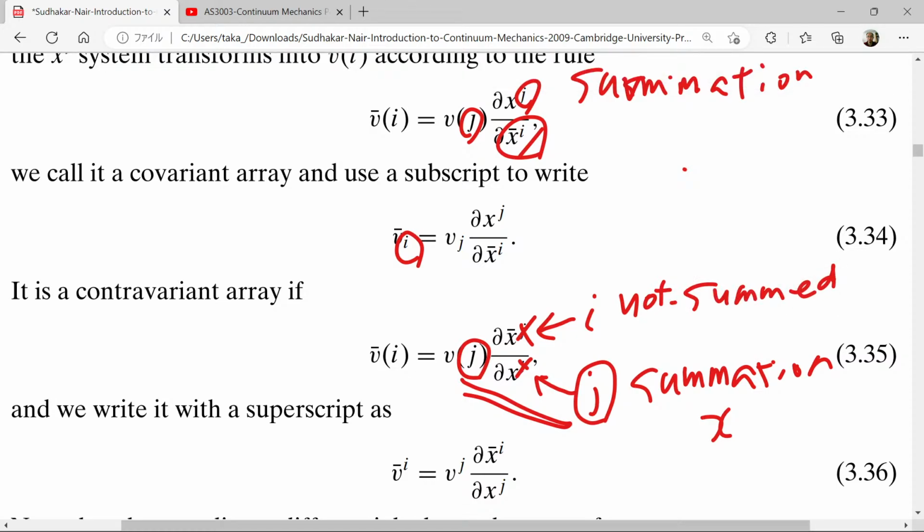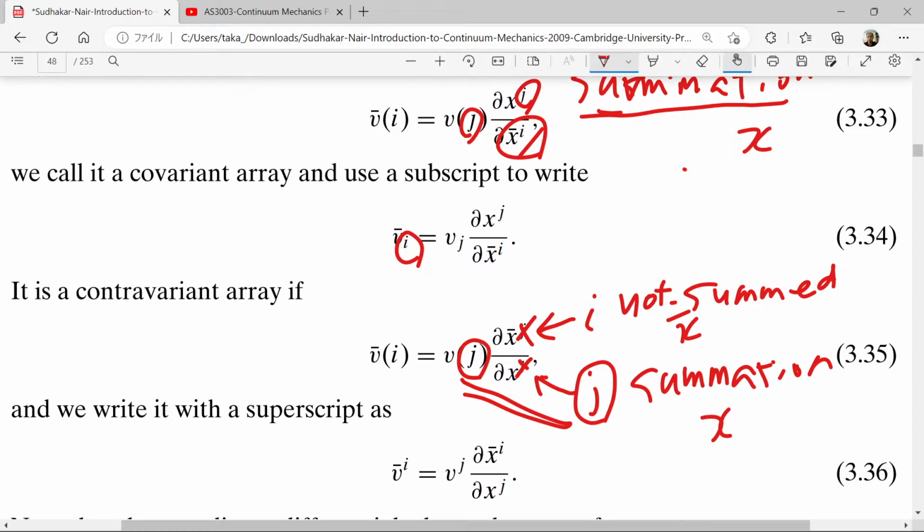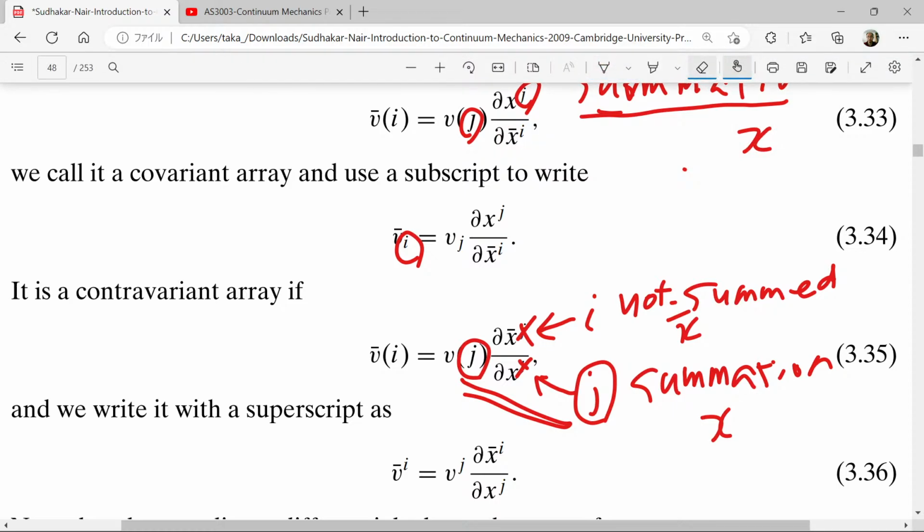This is x bar. So here same. The summation part is x. And downstairs here we have non-sum. Non-sum is x bar.